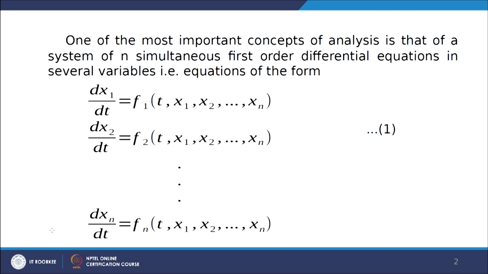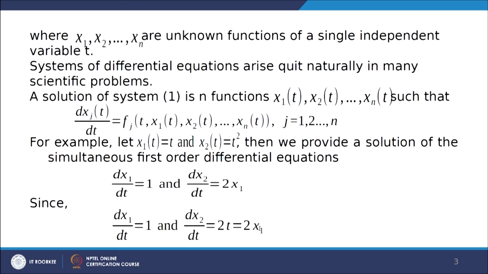Such a system can be expressed as dx1 by dt equal to f1(t, x1, x2, ..., xn), dx2 by dt equal to f2(t, x1, x2, ..., xn), and so on. The nth equation is dxn by dt equal to fn(t, x1, x2, ..., xn). Here t is the independent variable, and x1, x2, ..., xn are n dependent variables of the independent variable t.